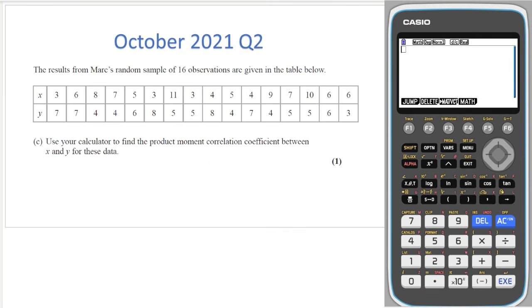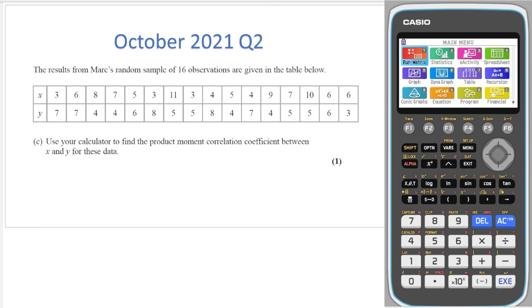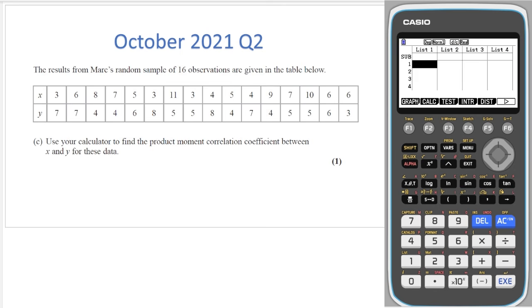Okay, this question asks us to work out the PMCC. So I would go into my calculator, I would press menu, statistics, and I would then start typing in all the data.